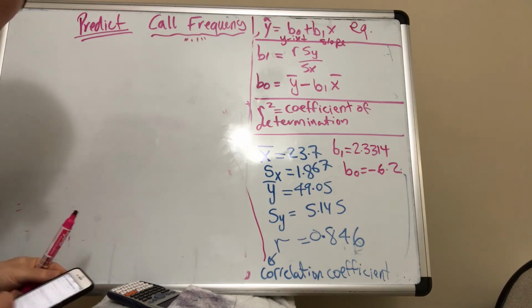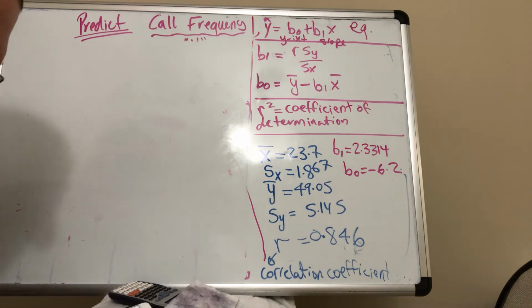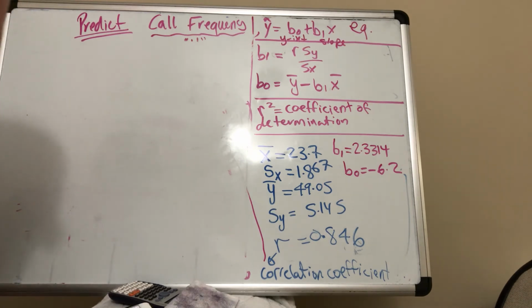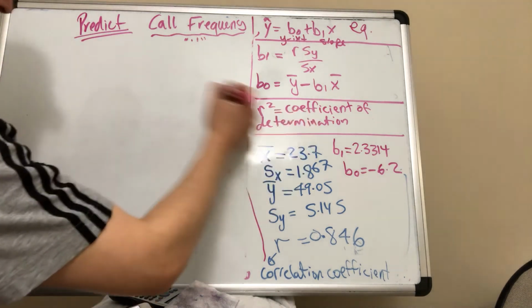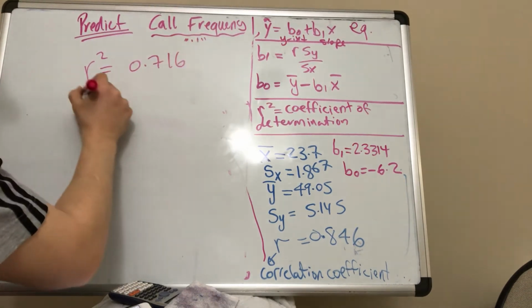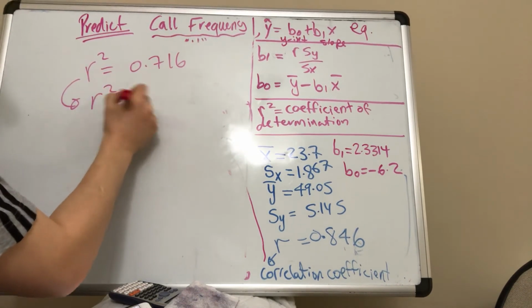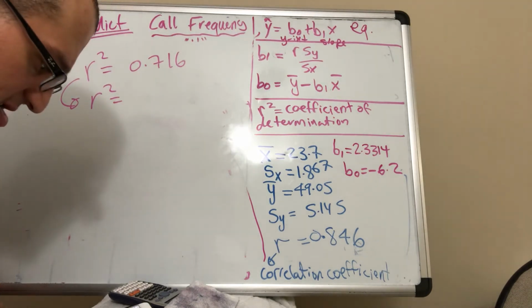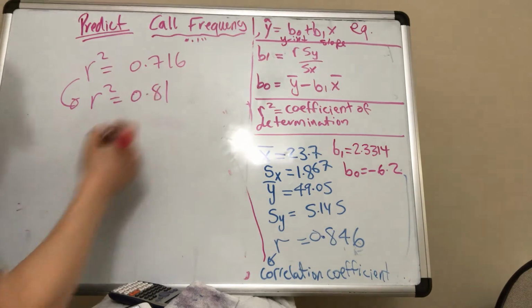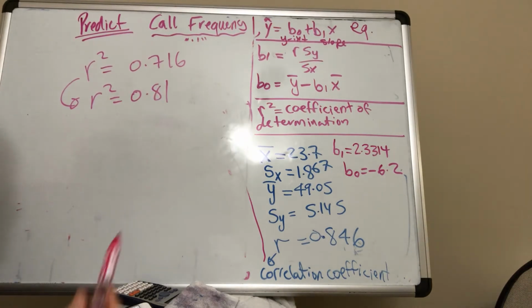And then they tell you, if someone else does the same study, but they ended up with a higher coefficient of determination, r squared. Remember our r squared was 0.716? They tell you someone else did the study and they ended up with an r squared of 0.81. Which study would you take?